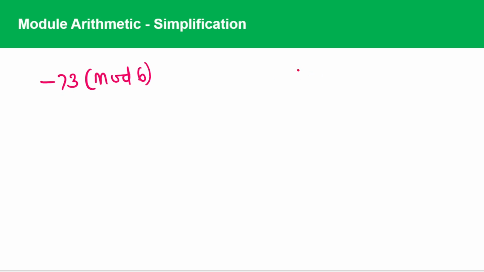Of course, 6 times 12 gives us 72, but 72 is not greater than or equal to 73. We need a multiple of 6 that is greater. So let's do 6 times 13. That gives us 78.